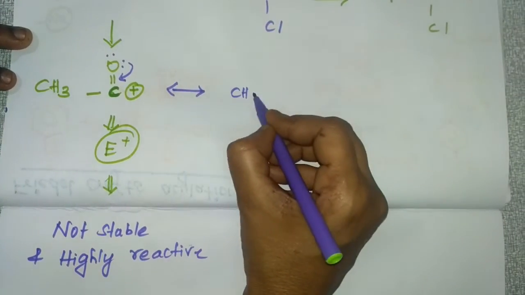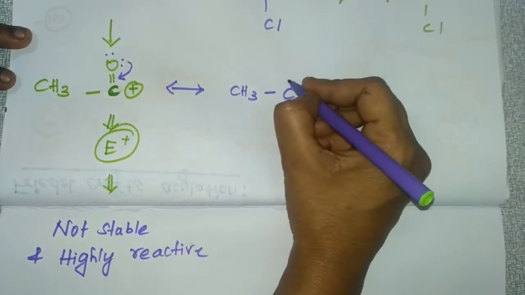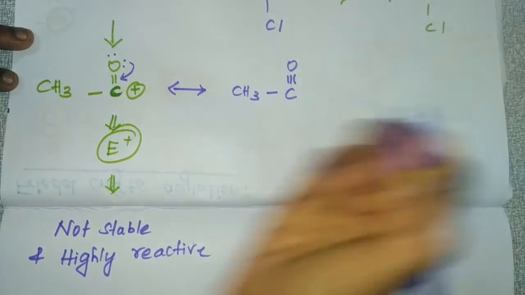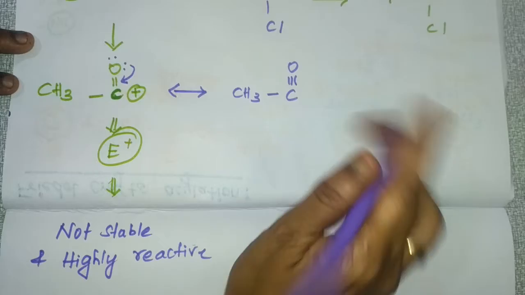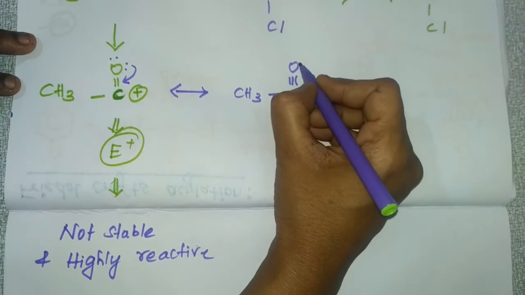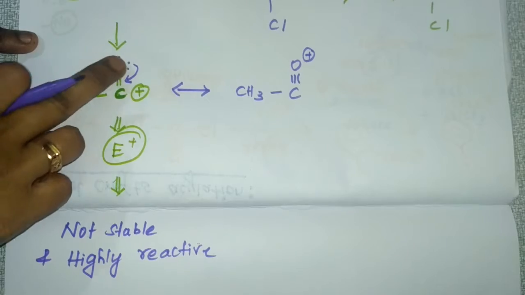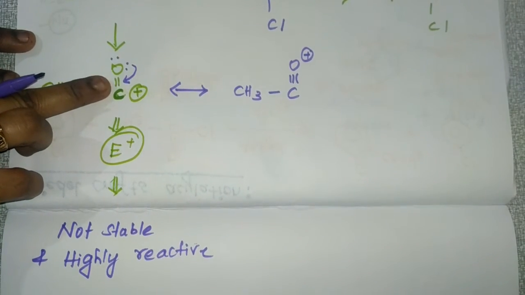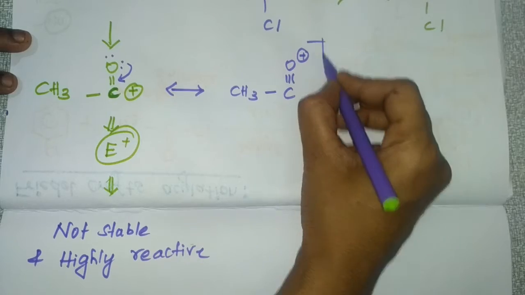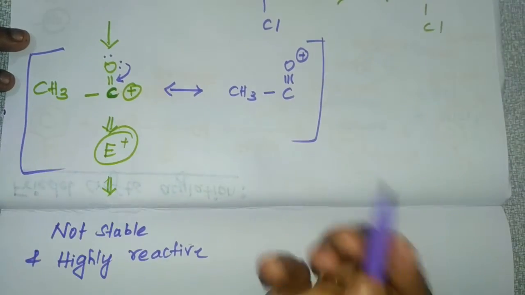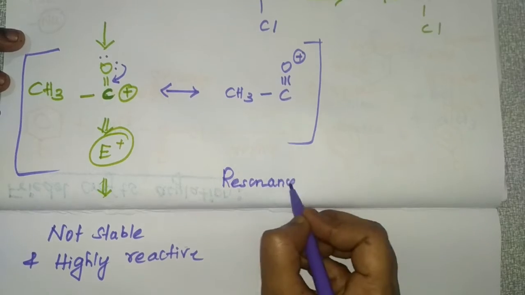After taking this lone pair of electrons from here, the product will be like this. So this will become a triple bond, and here the CH3. And what will be the charge of this oxygen? It will be positive, because it has donated one lone pair of electrons to this carbocation. So this is the resonance form.